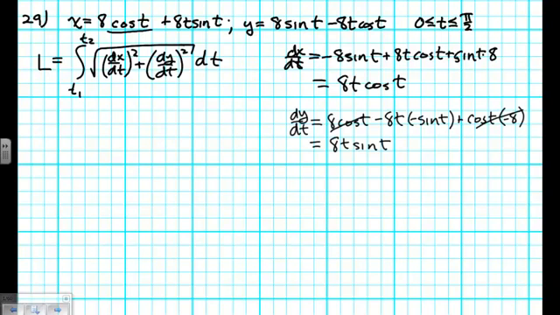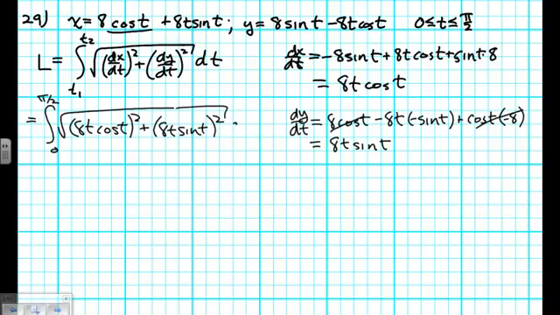And so our integral is going to be the integral from 0 to pi over 2 of the square root of (8t cosine t) squared plus (8t sine t) squared.